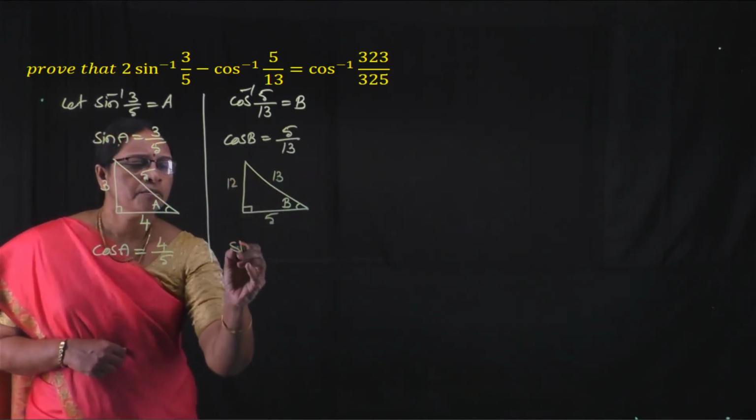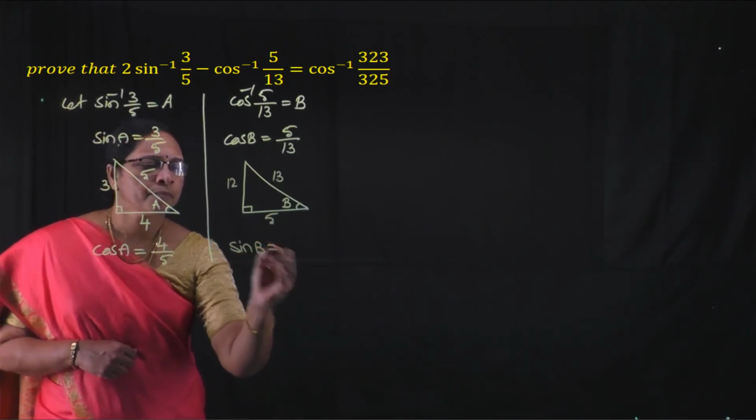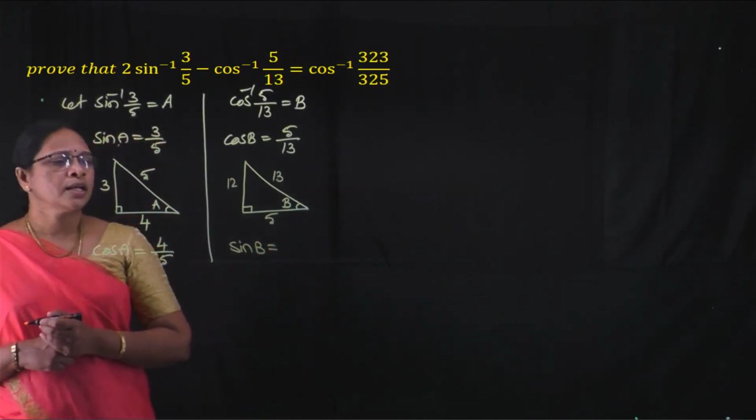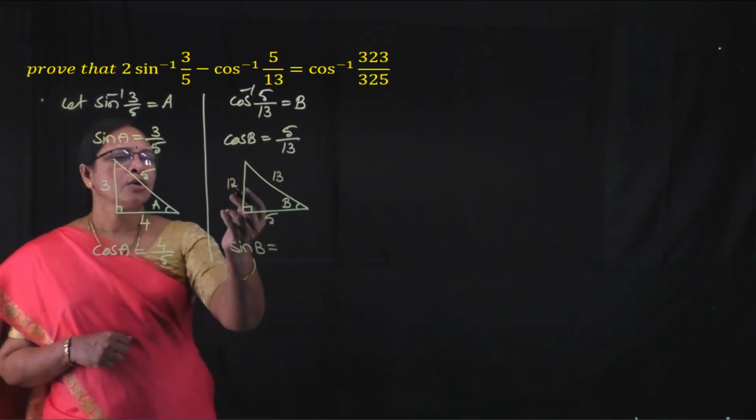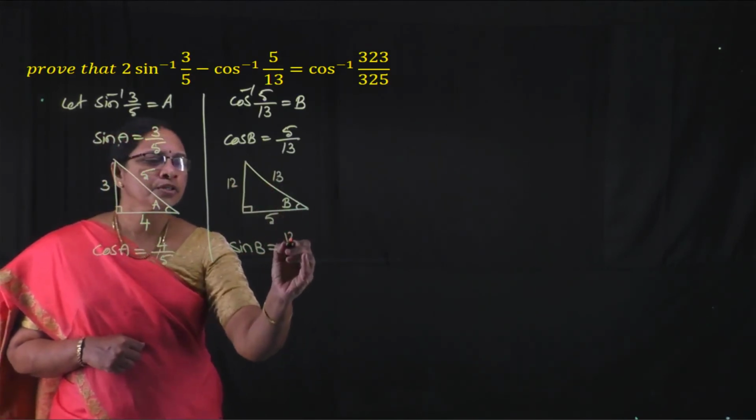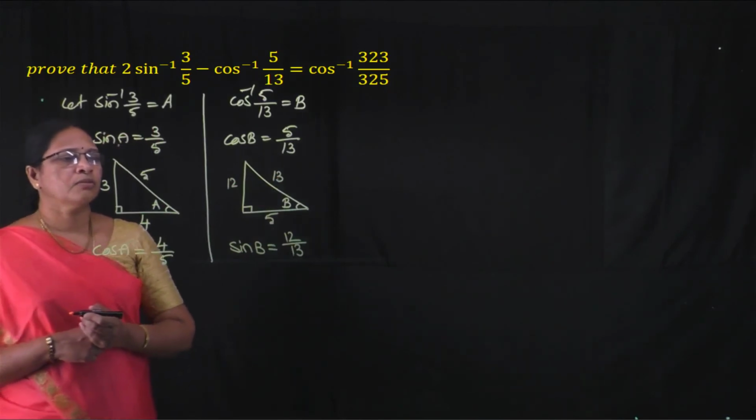Here sin B. We know in a right angled triangle, sin B equal to opposite side by hypotenuse, that is 12 by 13.